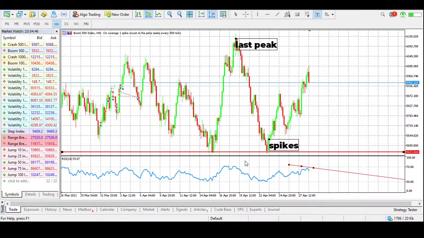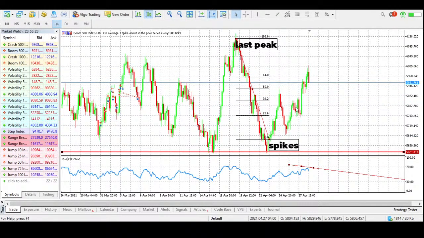So if we pick a Fibonacci retracement tool, we're going to draw from here to there to where we entered the market, and we are trying to say that if the market is going to retrace, we don't believe that the market is going to retrace 100%.